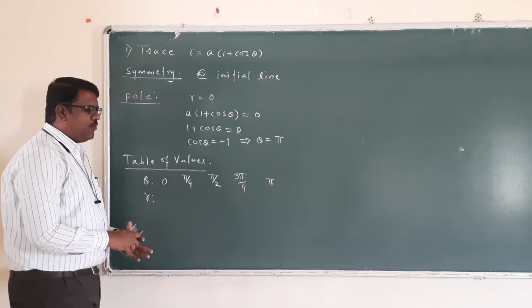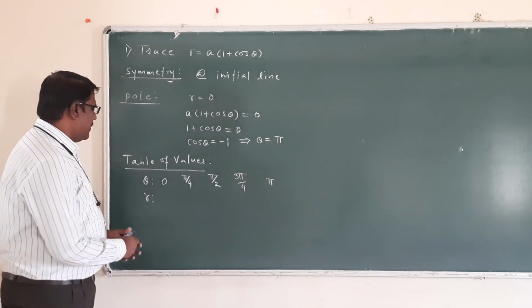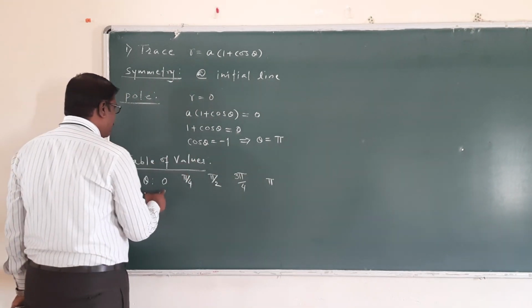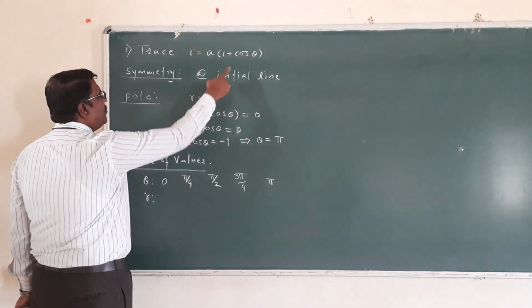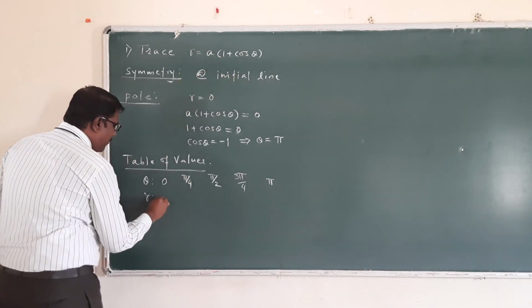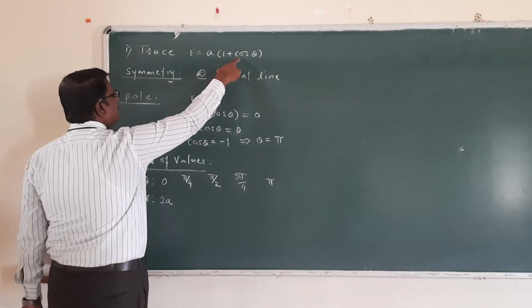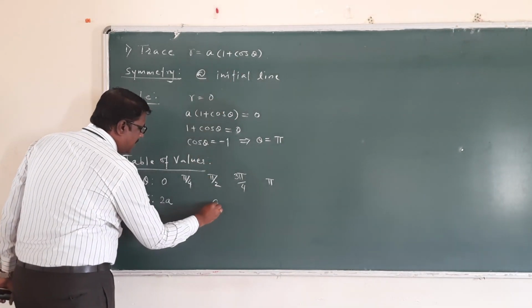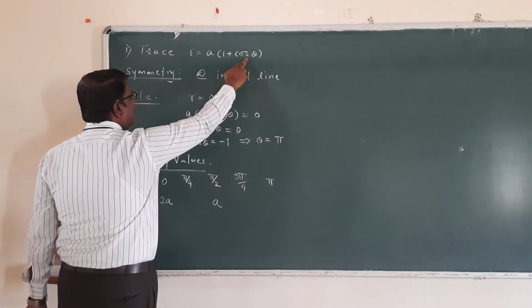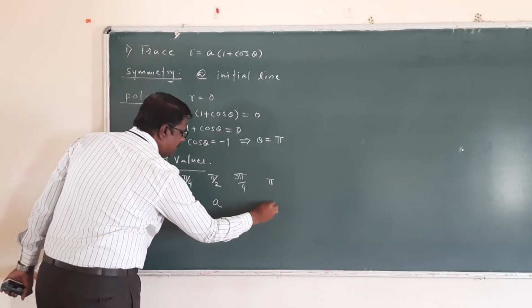When I substitute these values of θ in the given equation, I will get the values of r. When θ is 0, cos 0 is 1, 1 plus 1 is 2, so the value of r is 2a. When θ is 90 degrees, cos is 0, so the value of r is a. When θ is π, cos π is −1, so the value of r is 0.